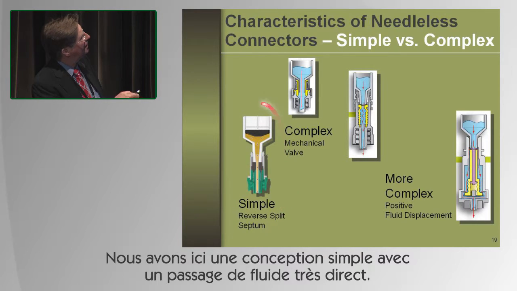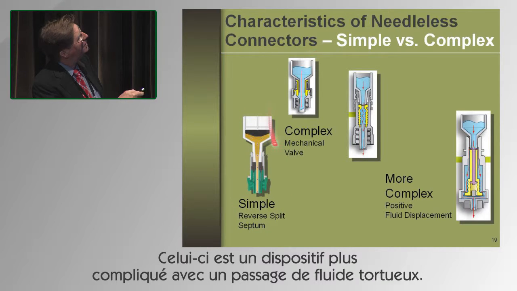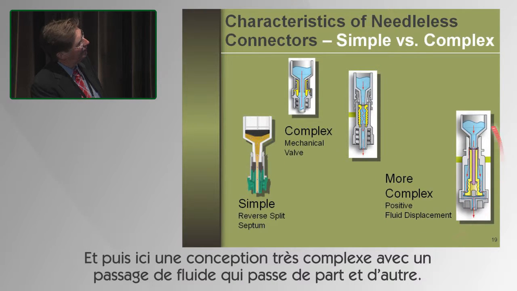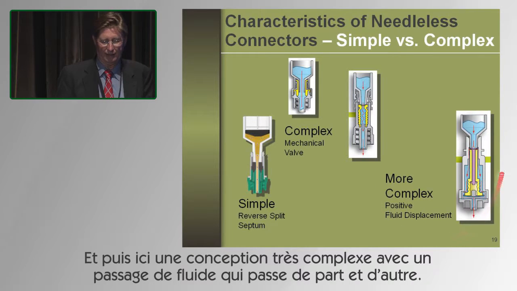We have a simple design here with a very straight fluid path. Here we see a more complicated device with a tortuous fluid path, and then a very complicated one here with a wraparound or flow around fluid path.